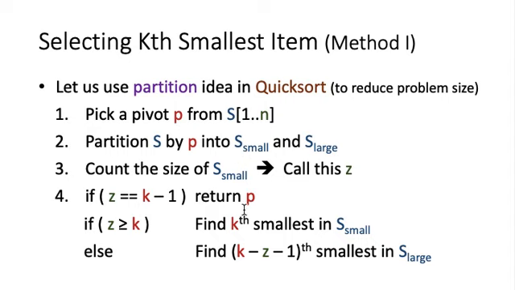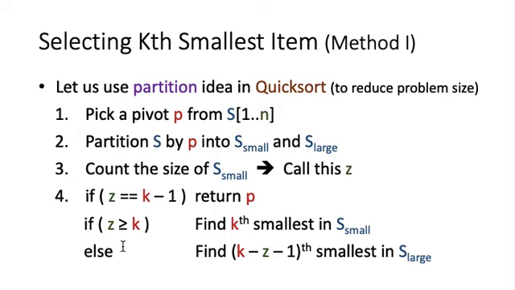It means that P will be the kth smallest item, so in that case, we simply return P. On the other hand, if Z is greater than or equal to k, that means there are at least k numbers in the group S small. Then the kth smallest item must be inside S small, so we are going to find the kth smallest item in S small.